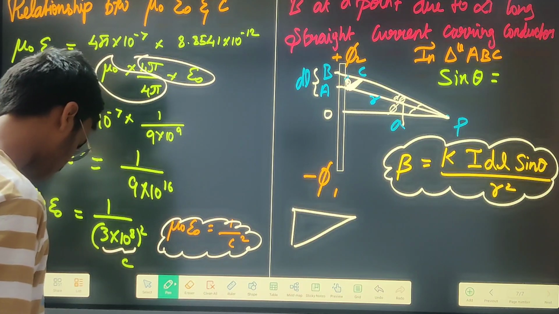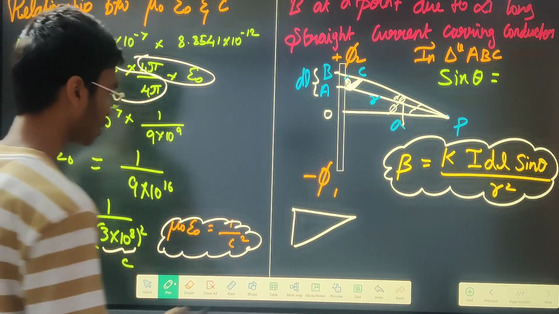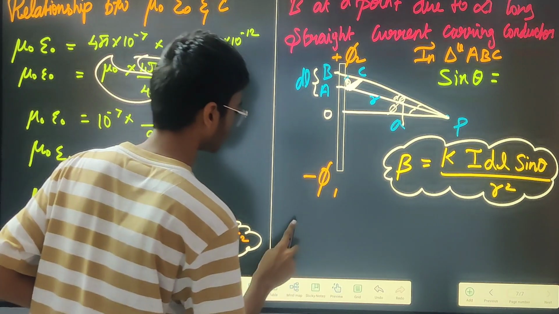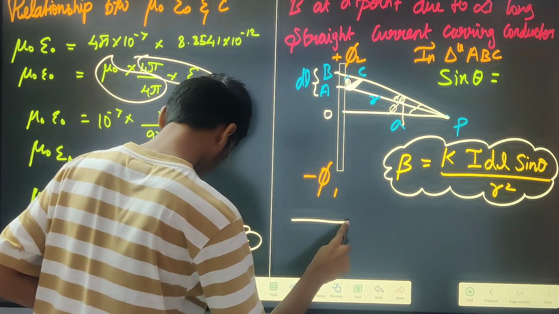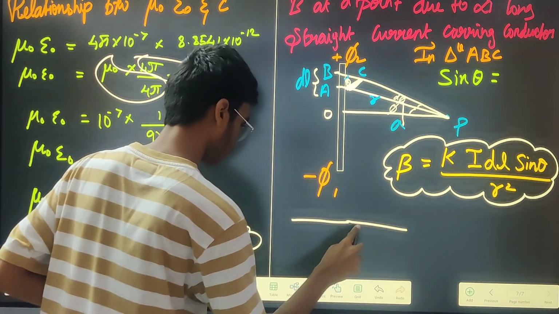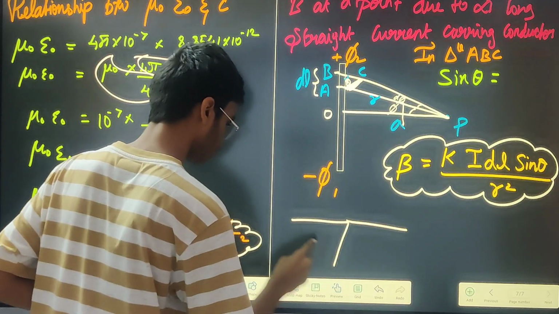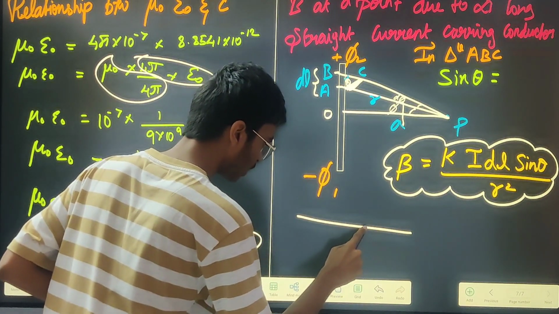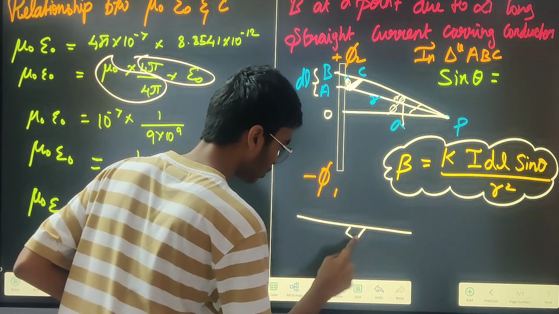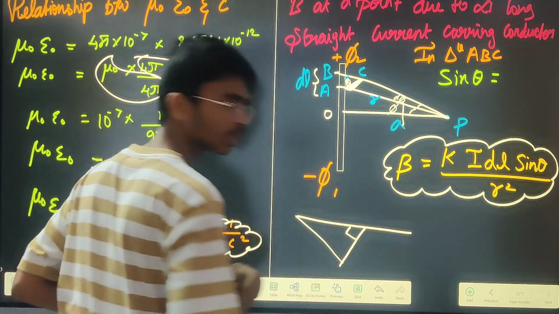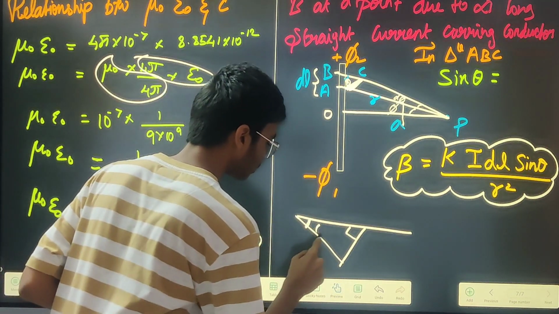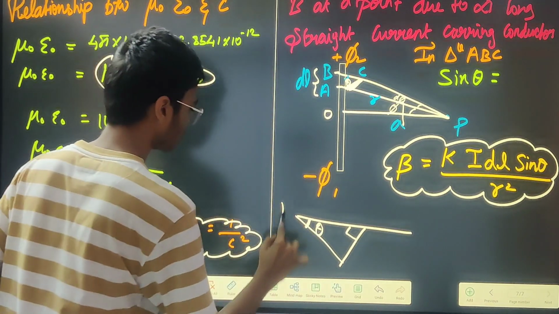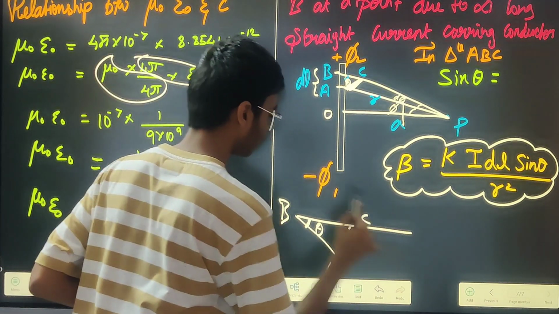So sine theta, where is the triangle ABC? AC by BC. Wait, this is not how it is. See, here this is the line. Here this is perpendicular to this. So this is how it is, and this is what theta is. So that means this is angle BAC.